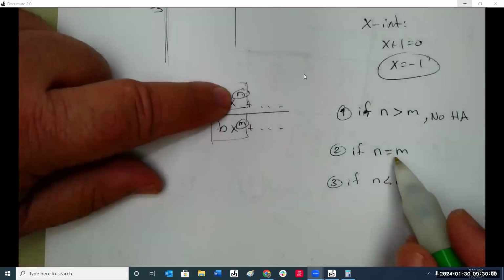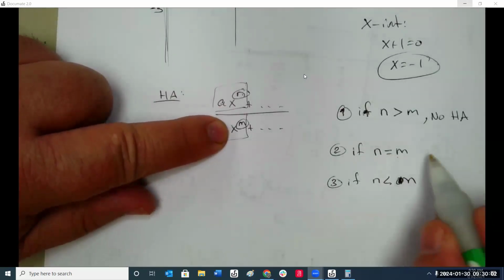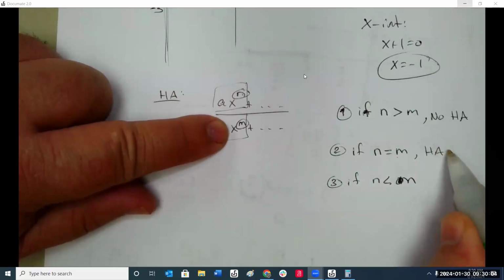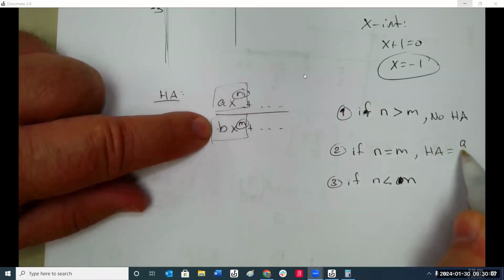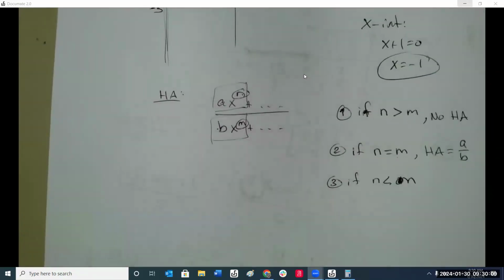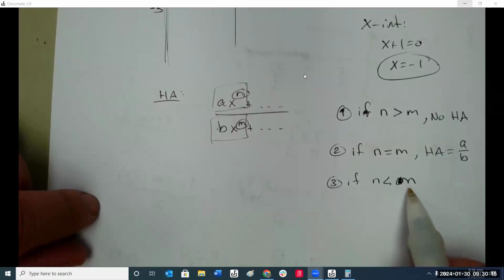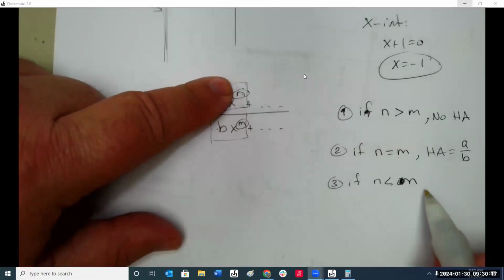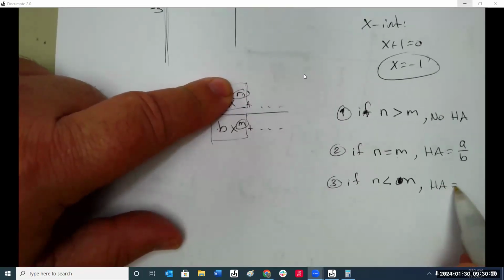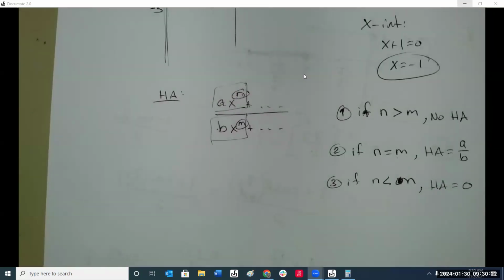If the exponents are equal, then your horizontal asymptote is simply the coefficients, because then they would cancel. And if there's more on the bottom than the top, then your horizontal asymptote is the x-axis.